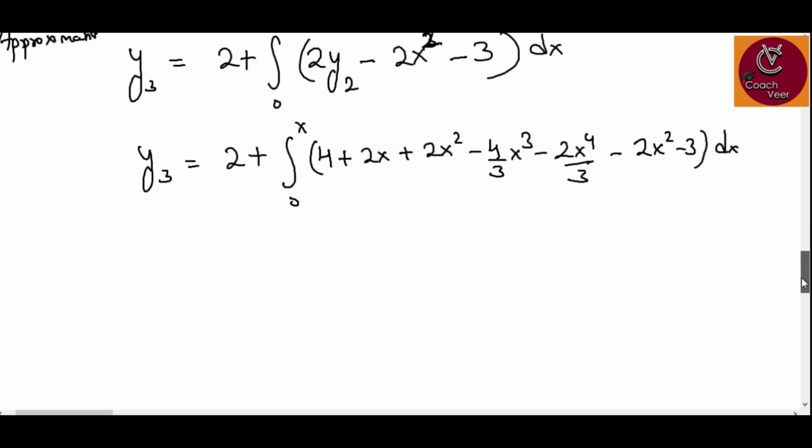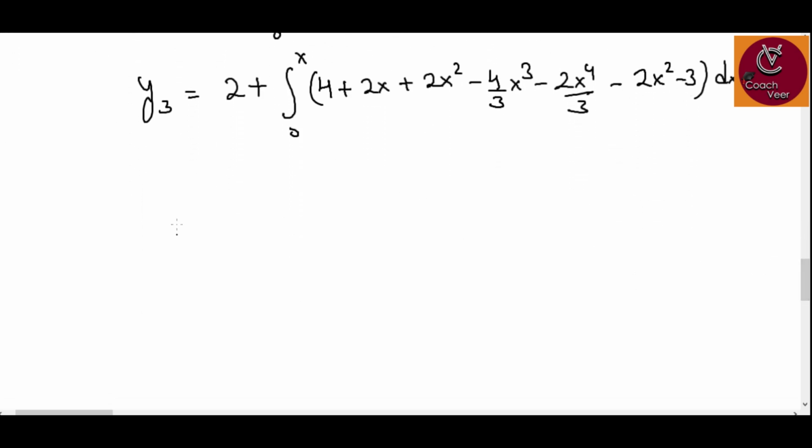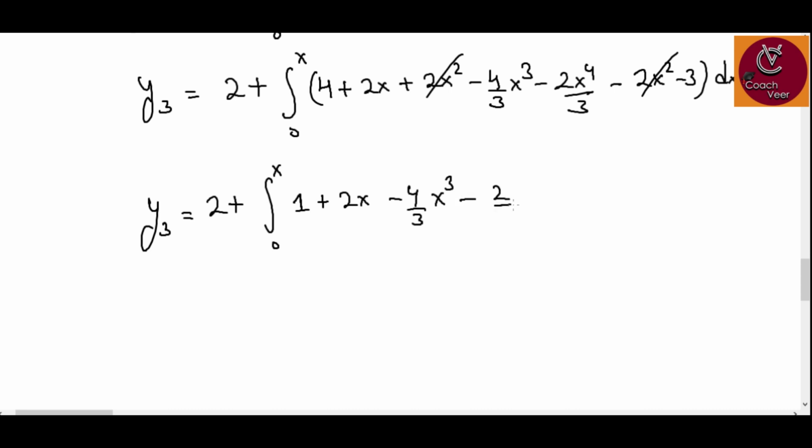Let's simplify a little, like 4 minus 3 and something else. So 2 plus the integral from 0 to x of 1 plus 2x. This 2x square and this negative 2x square get cancelled, and this thing we are going to write the same: 4 by 3 x cube, negative 2 by 3 x to the power 4 by 3. Now everything is to be integrated with respect to x.